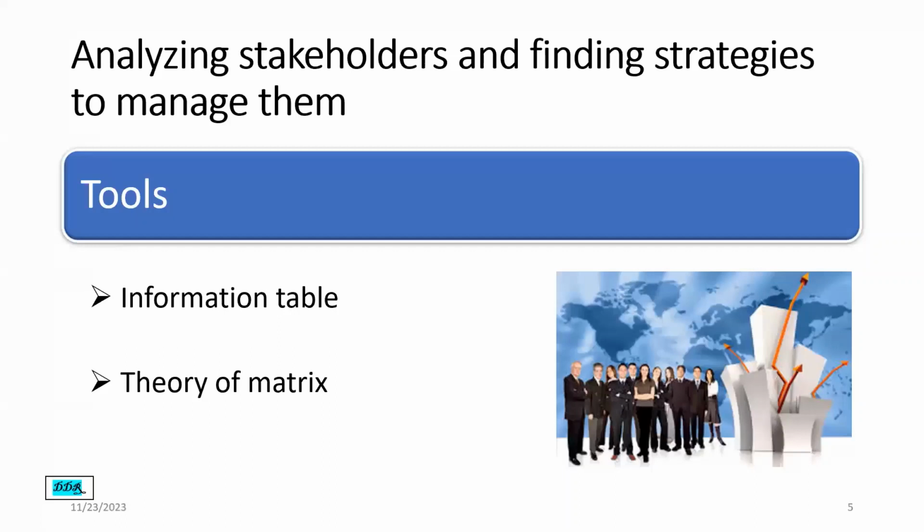And third, analyzing stakeholders and finding strategies to manage them. After identifying and collecting information, we have to find strategies. There are two tools we can use: the information table and the theory of stakeholders.